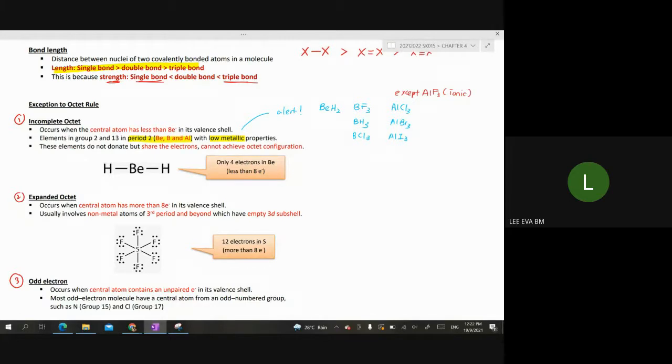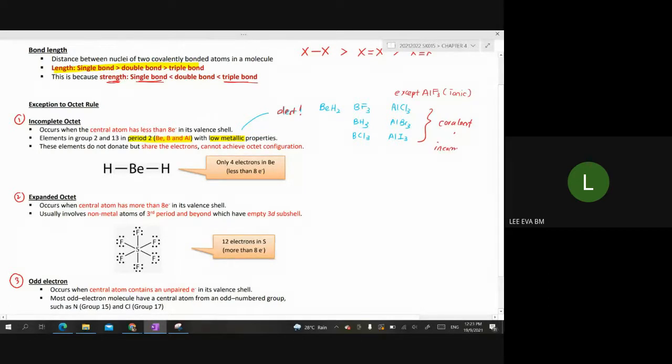So here Madam gives an alert, telling you to remember the alert. If there is Be, B, Al, it is definitely incomplete. BeH2 for example, BeCl2, BeF2, this is the example. BF3, BH3, BCl3, they are all covalent. They are all incomplete. AlCl3, AlBr3, AlI3, they are all covalent and they are incomplete.